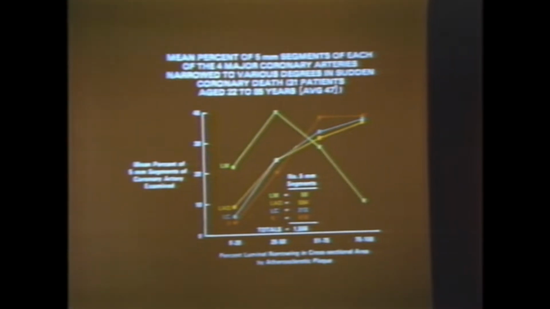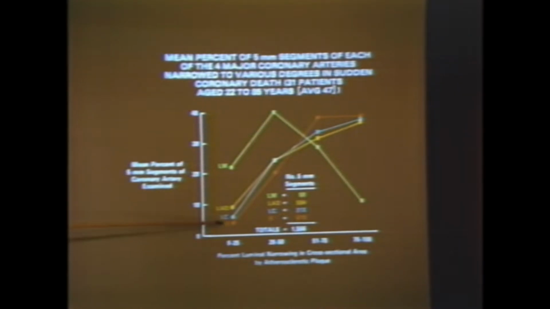Now, this slide analyzes the same patients, but it looks at the individual coronary arteries in these patients who died suddenly. The point of this is that the amount of narrowing or the lack thereof in these three arteries, the left anterior descending, the left circumflex, and the right, severe narrowing or minimal narrowing, it's parallel.